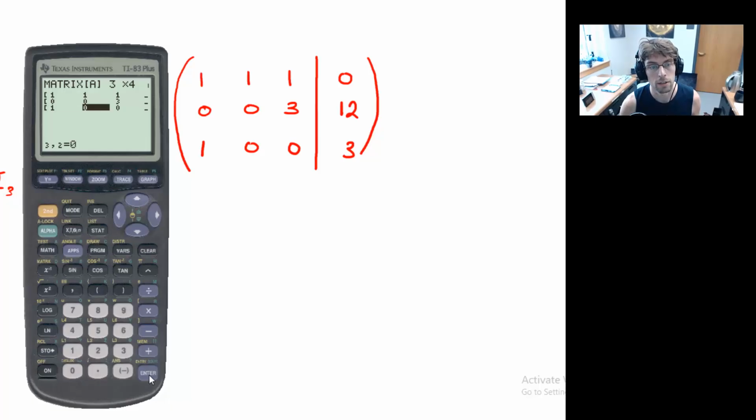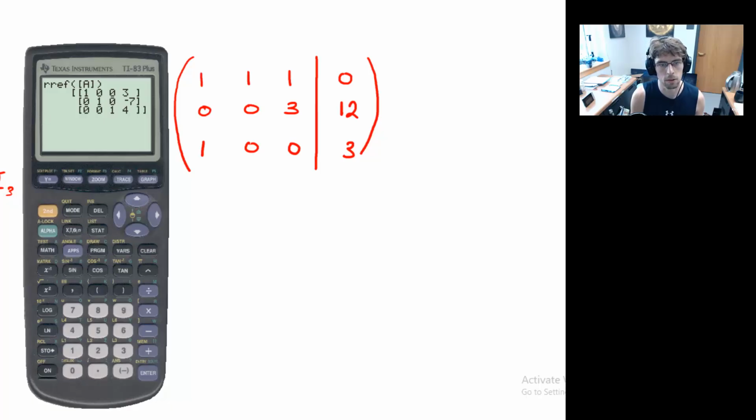And 1, 0, 0, and 3. There we go. Now I'll quit out of that. And let's tell our handy dandy calculator that we want to do a reduced row echelon form, rref. We'll specify matrix A and let it work its magic.